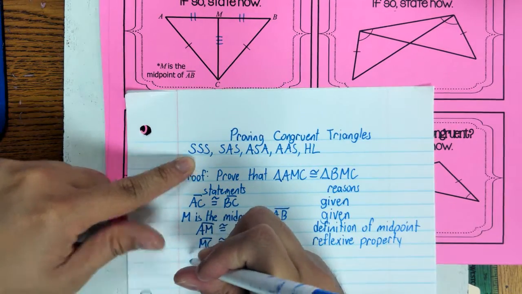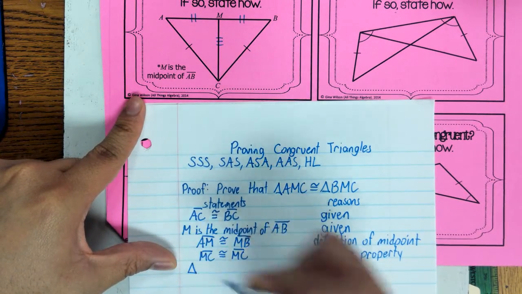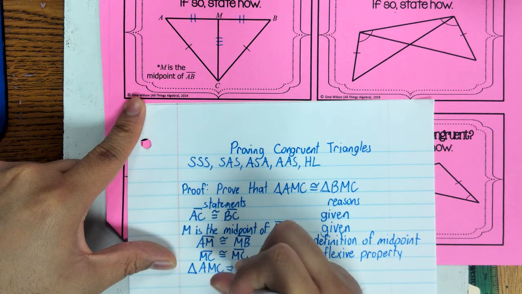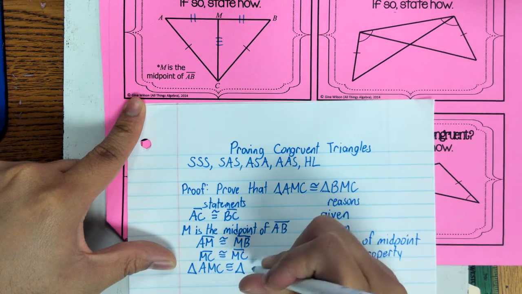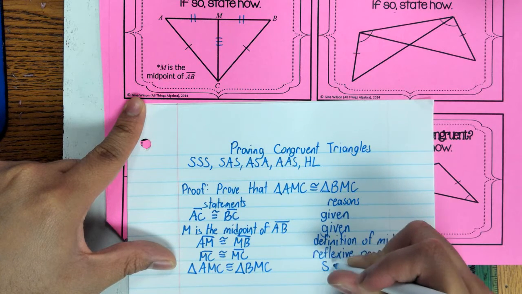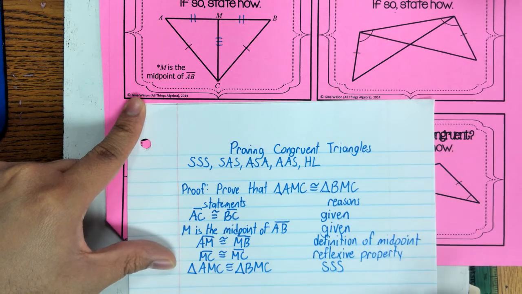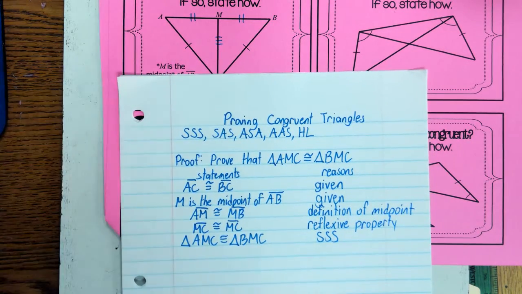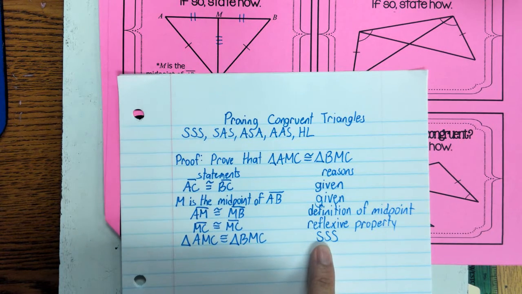We can now say that triangle AMC is congruent to triangle BMC, and the reason for that is the side, side, side property. So there you have it. This is a two-column proof, which is basically a way of listing out step by step how did we end up with side, side, side.